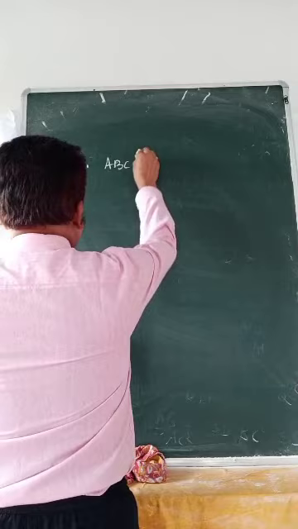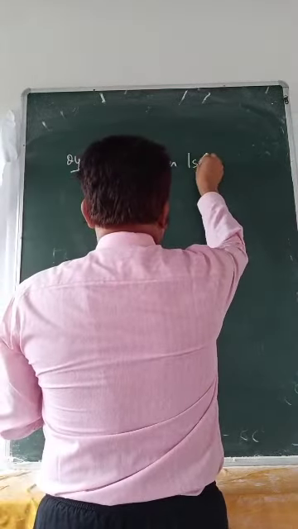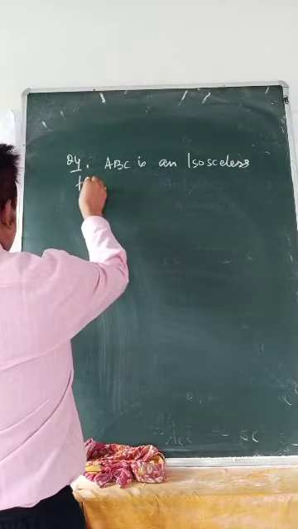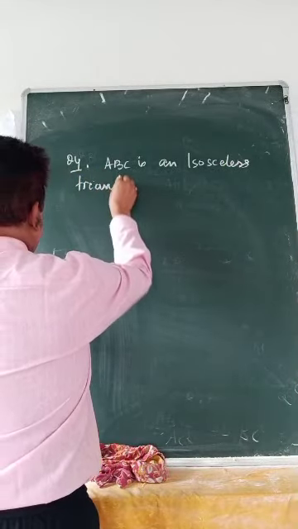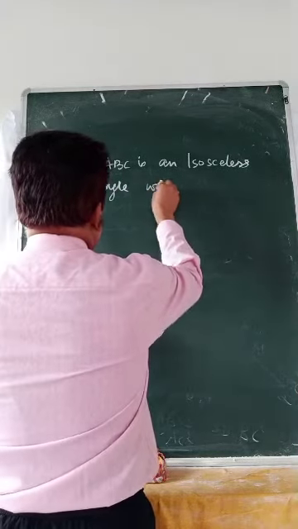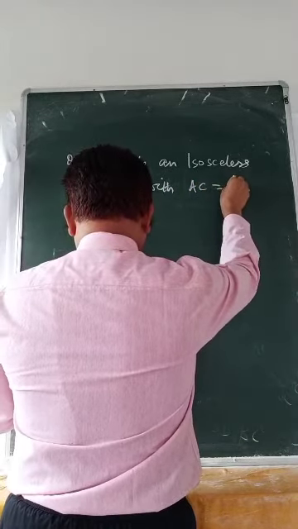ABC is an isosceles triangle with AC equals BC.